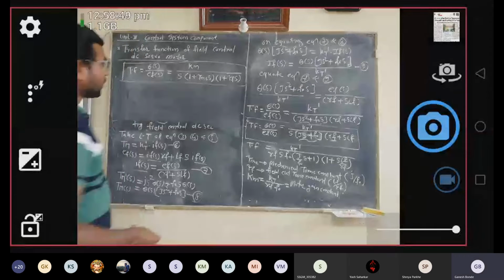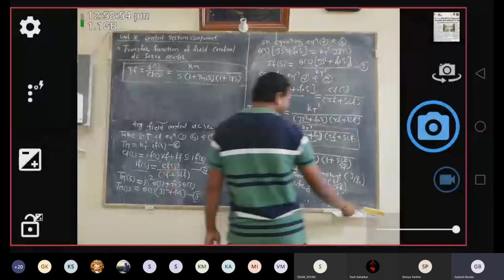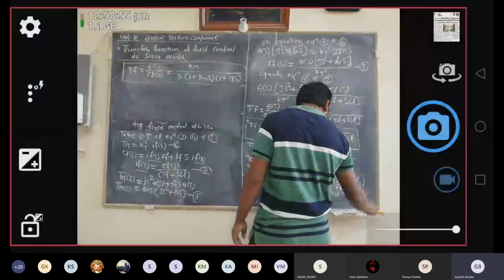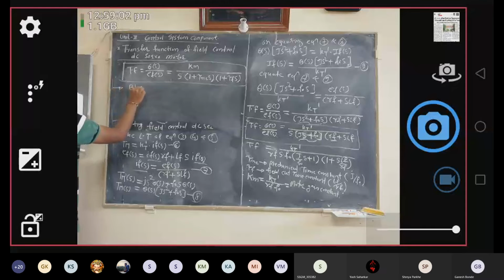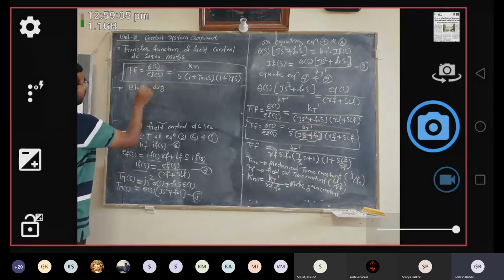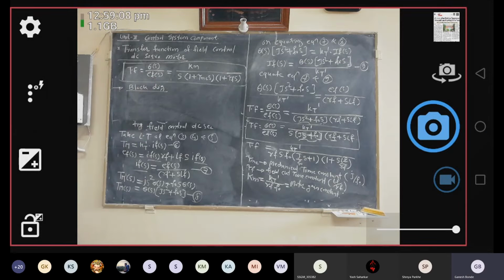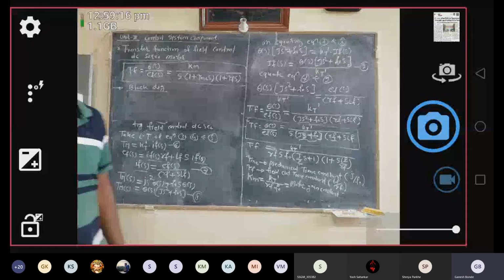Okay. Then next step, express the transfer function in terms of block diagram form. Draw the block diagram of the given transfer function. So how is the block diagram of the field control DC servo motor?